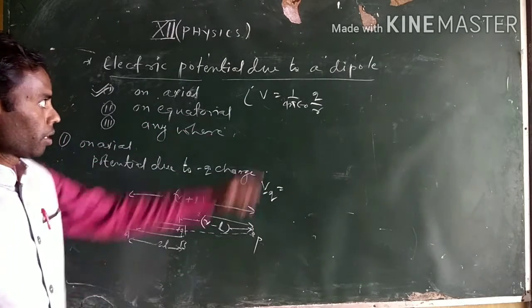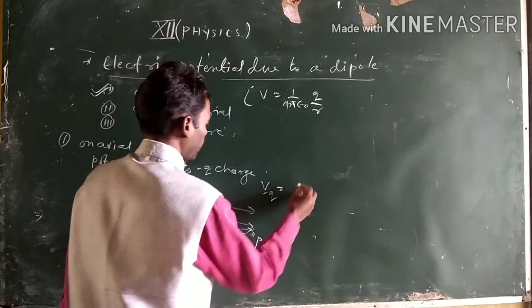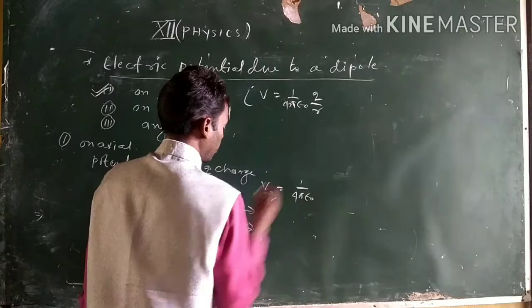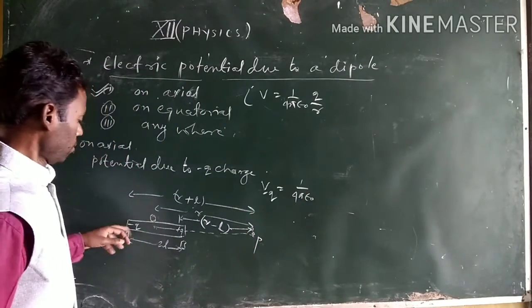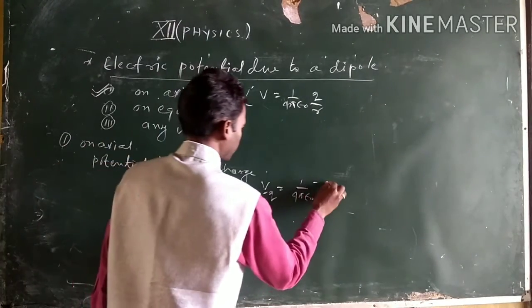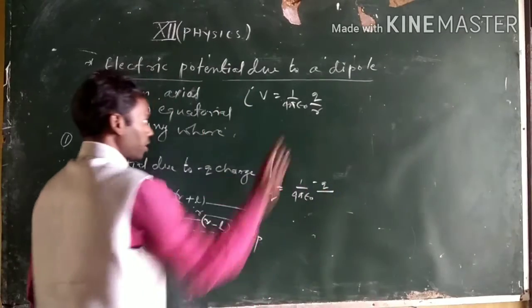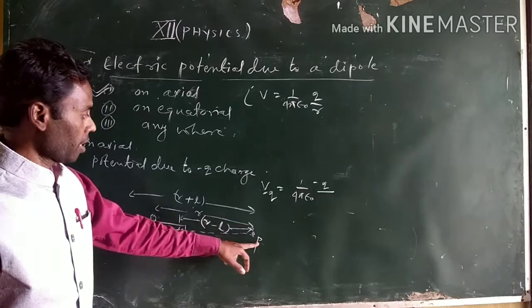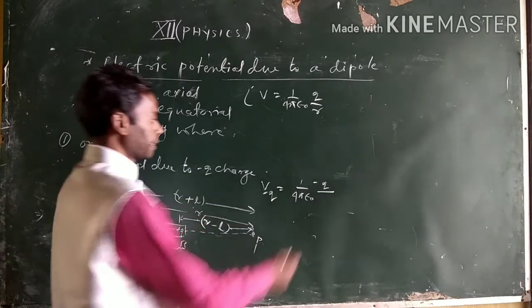It will be 1 by 4 pi epsilon naught, Q is minus Q, the charge is minus, divided by, in place of distance, A to P, that is R plus L.